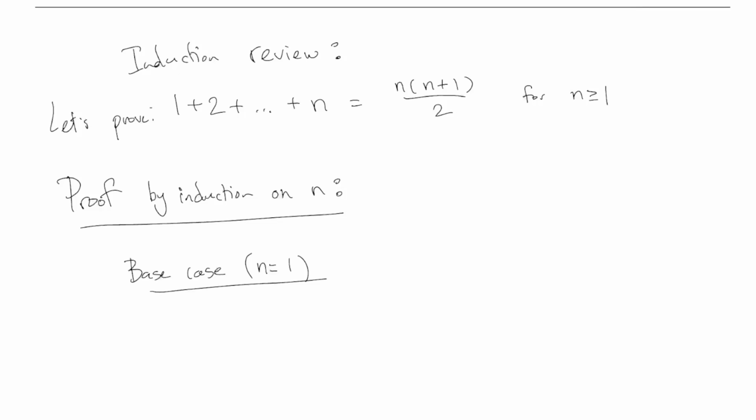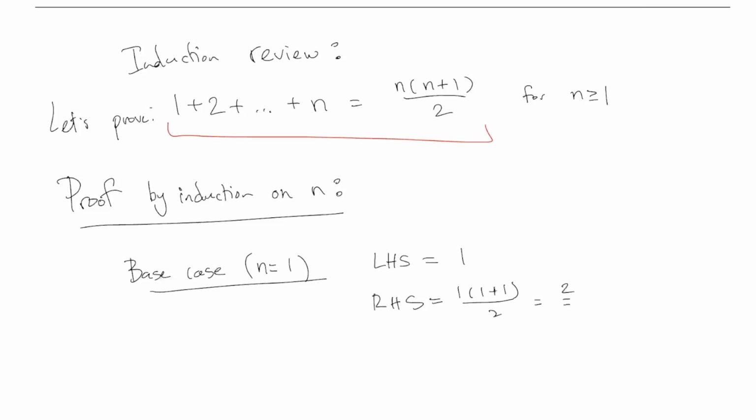It just straight up is true. A simple way to write this would be to write out the left-hand side and the right-hand side of the formula that I'm trying to prove. The left-hand side, when I'm using n equals 1, just says 1. It's 1 plus, etc., up to n, but if n is 1, then that's just 1. And what does the right-hand side say? Okay, you work it out. It's 1 times (1 plus 1), divided by 2.